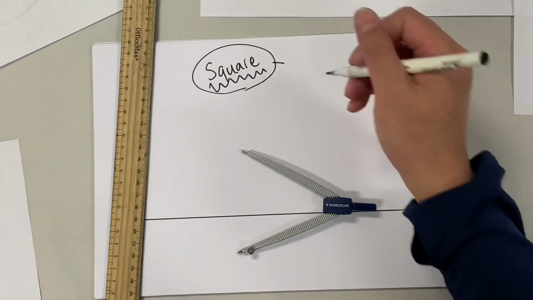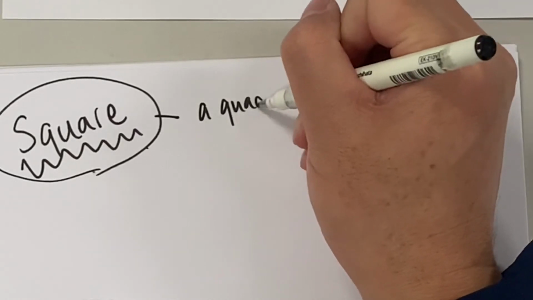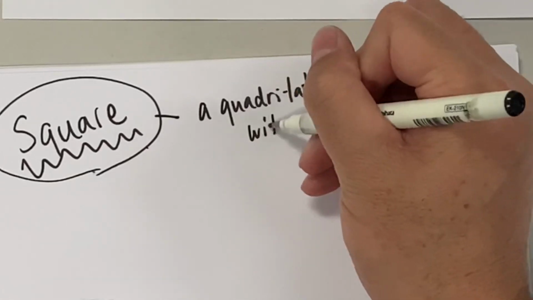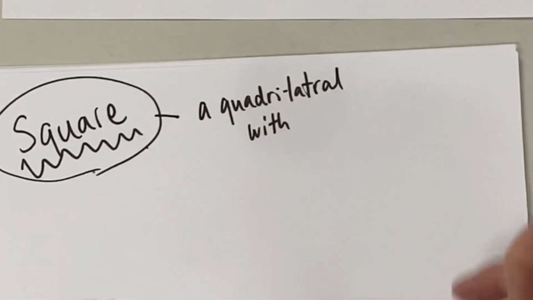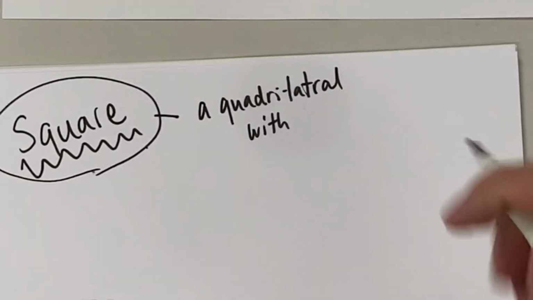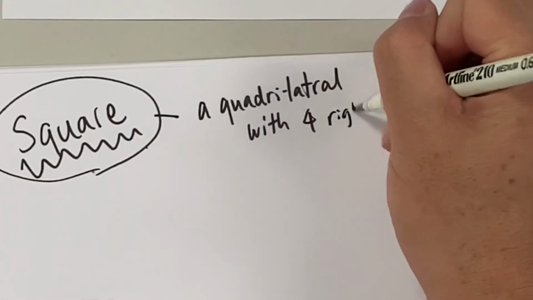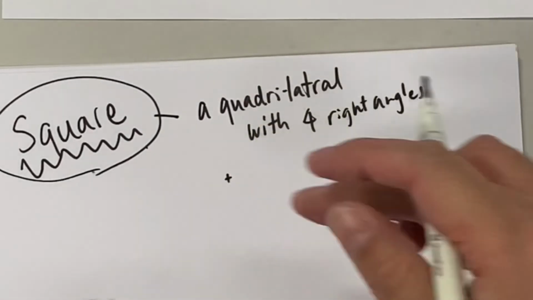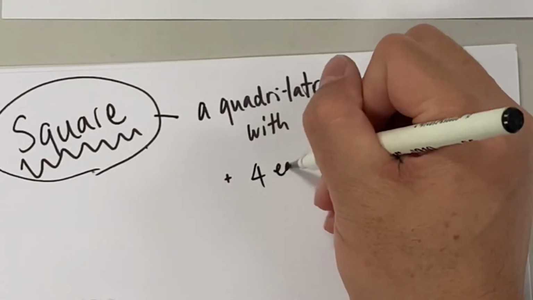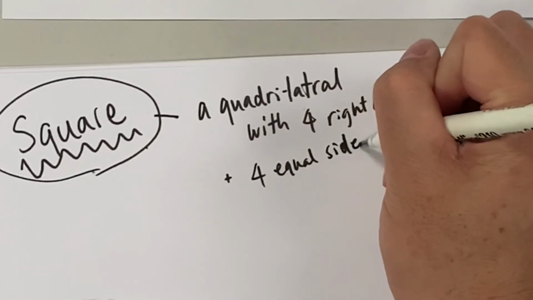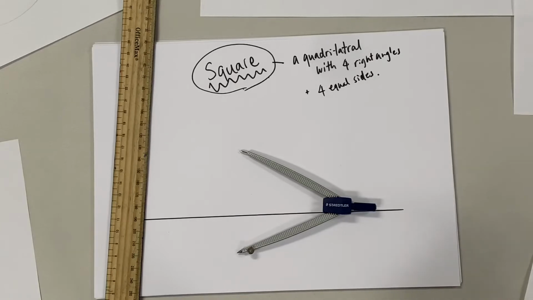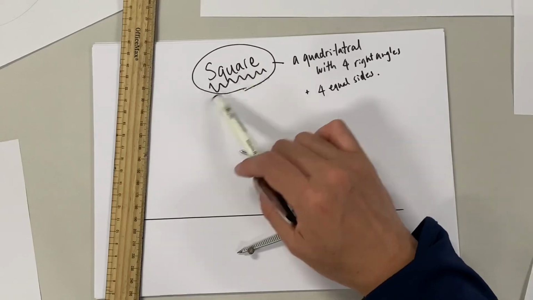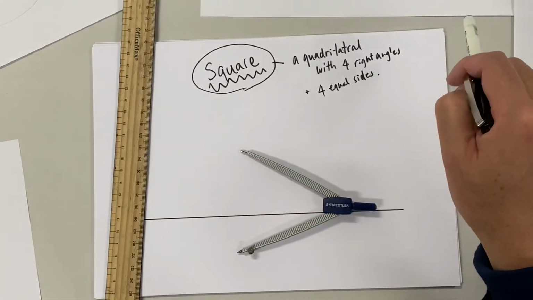A square is a quadrilateral with all the corners being right angles, so that's 4 right angles and 4 equal sides. That's a square. If you have not seen the quadrilateral video, you can just have a look.